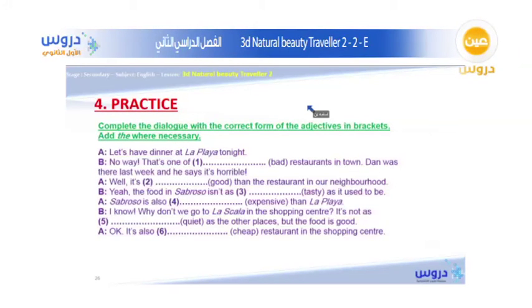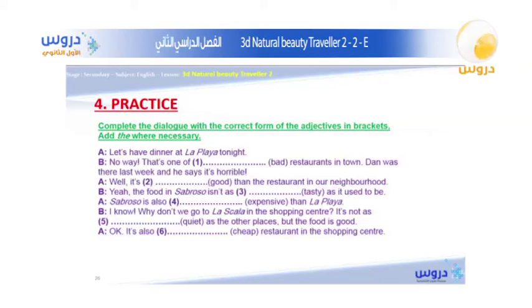Very nice. Now we go directly to section number 4 and practice. Complete the dialogue with the correct form of the adjectives in brackets and add the where necessary. A: Let's have dinner at La Blia tonight. B: No way, that's one of the... bad. Okay, what is the comparison form for bad? Baddest?